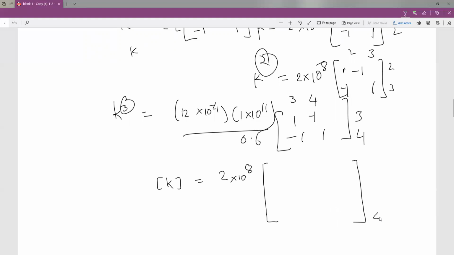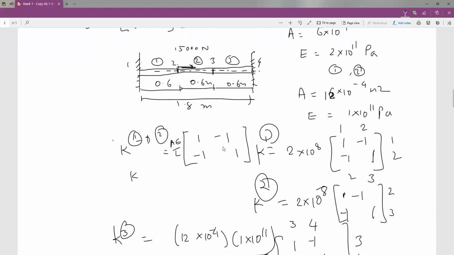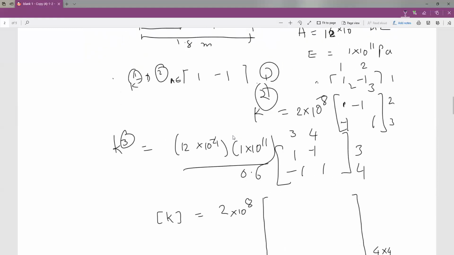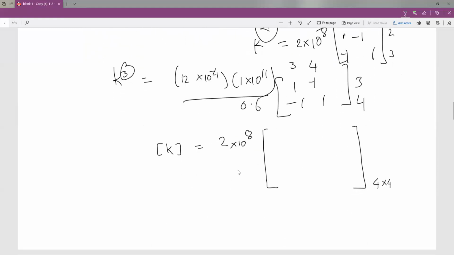The size of the matrix is 4 by 4 because our kinematic indeterminacy is 4, but we will introduce the support and boundary conditions later to reduce the size of the total stiffness matrix. So the total stiffness matrix is 1 minus 1 0 0, then minus 1 2 minus 1 0, 0 minus 1 2 minus 1, 0 0 minus 1 1.